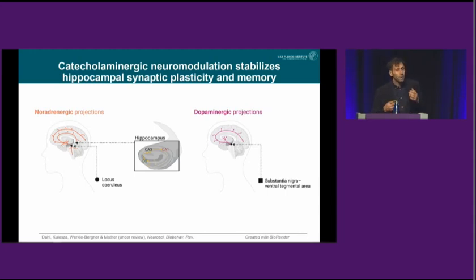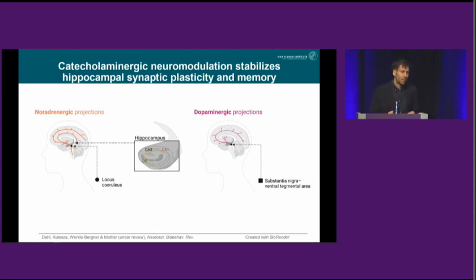Crucially, through these wide-ranging axons, also tau accumulation can spread from the subcortical nuclei in the brainstem and in the midbrain to memory-relevant areas in the medial temporal lobe and contribute to memory decline. Therefore, these neuromodulatory systems are associated with the development of Alzheimer's disease, and we would like to investigate their role in living people.